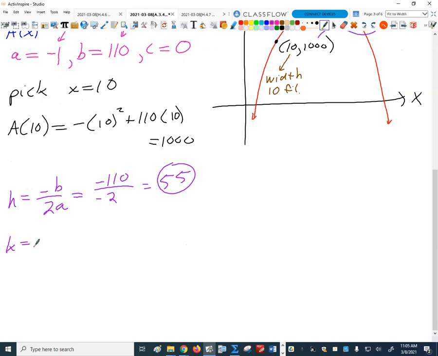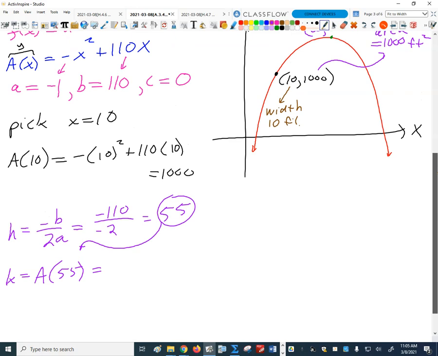So we get a of 55, which, if I look at my function up here, is negative whatever my input is squared, plus 110 times my input of 55.